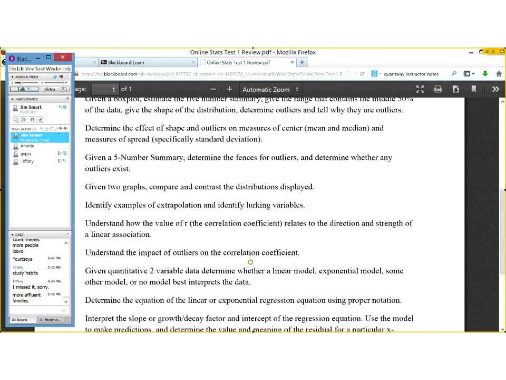So again, if you're comfortable with the things on this list, I think you're going to be okay. First place I would go is the quizzes and their keys. That's the first thing I would look at. After I did that, I would start to look at some of the notes and the examples in my on-site notes, and the OLI checkpoints.